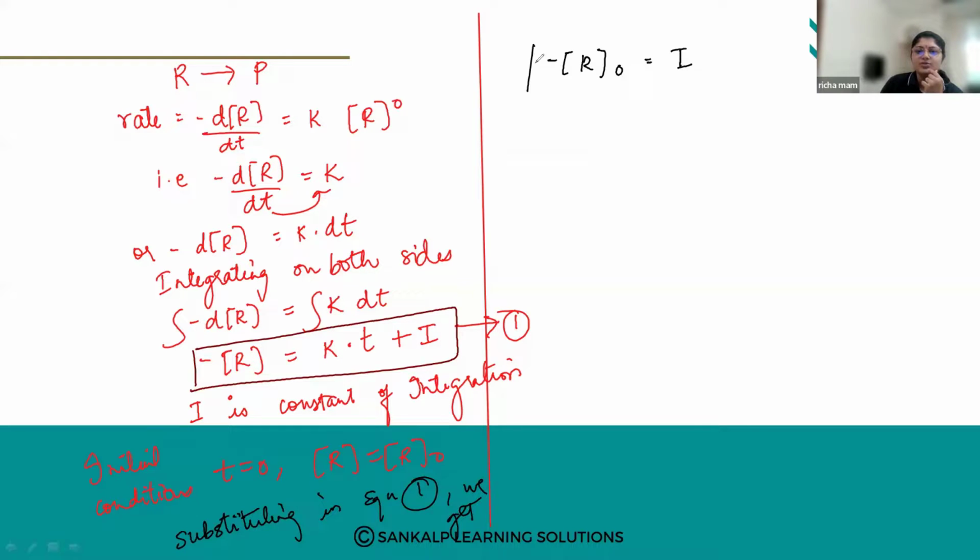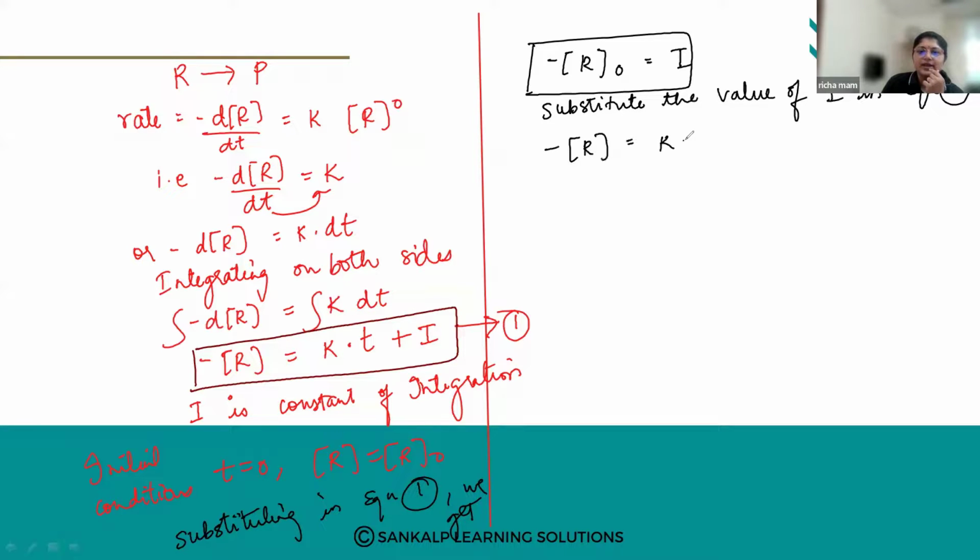So I is equal to minus R naught. Now substitute the value of I in equation 1. We get minus R is equal to k t minus R naught.